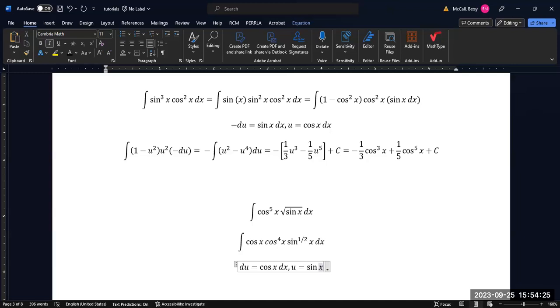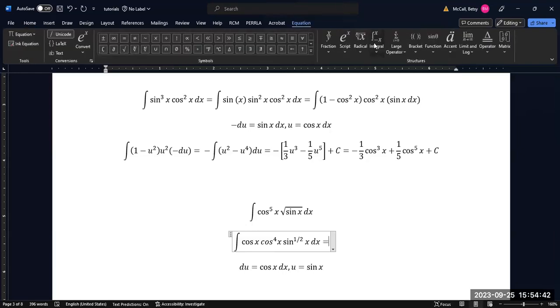And then I can make my substitutions after I replace my cosine to the fourth using the Pythagorean identity. Now, keep in mind, cosine to the fourth is cosine squared squared. So this will be 1 minus sine squared, squared.